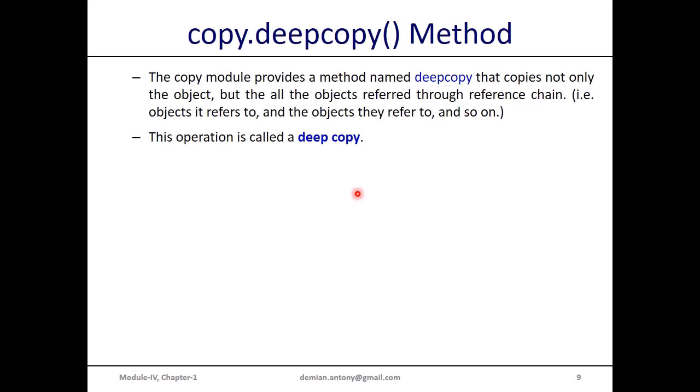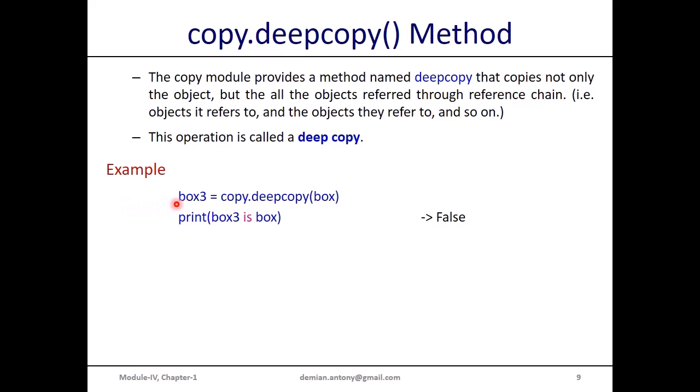That's why this operation is called a deep copy, as no object is shared among the copies created through this deepcopy method of the copy module. Let's take up the same example of box. Here, instead of using copy.copy, we just use the method copy.deepcopy.